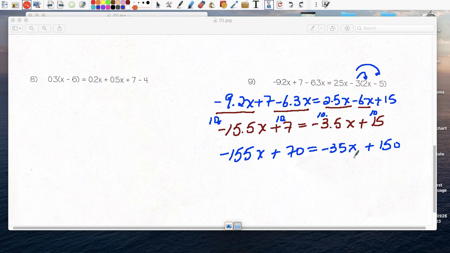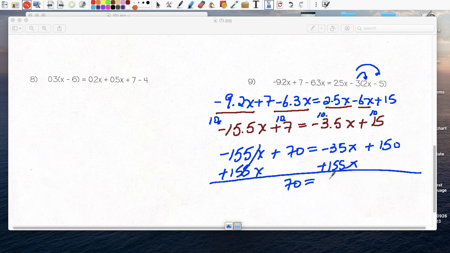So get rid of one of the variables, right? There's variable on both sides. Let's get rid of the 155 because that's smaller. So plus 155x plus 155x. That goes away. 70 comes down. This is going to be 120x plus 150.